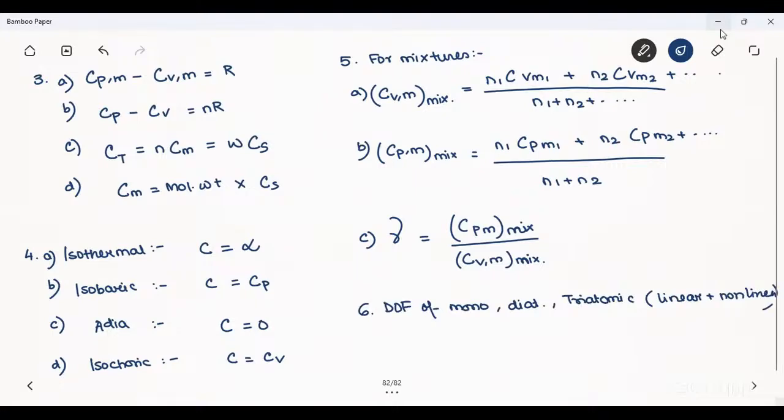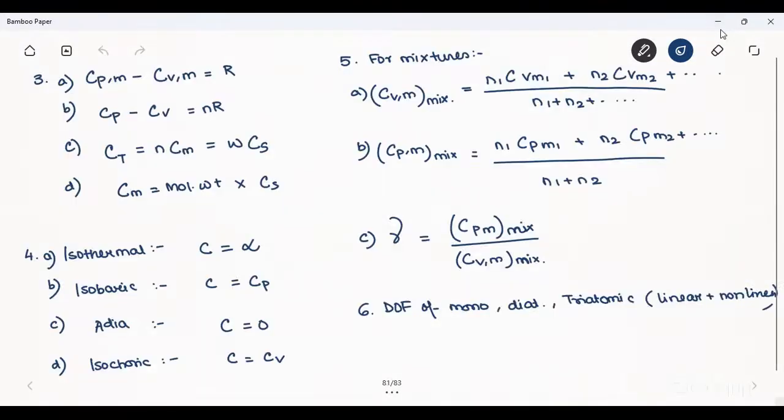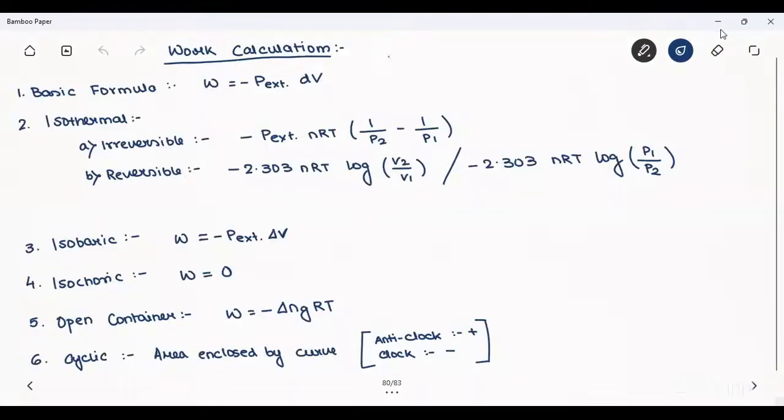Then we have started with the adiabatic process. See, here also in the work calculation, you can write the adiabatic process. But since adiabatic process is a separate chapter, I am doing it like this. Okay.